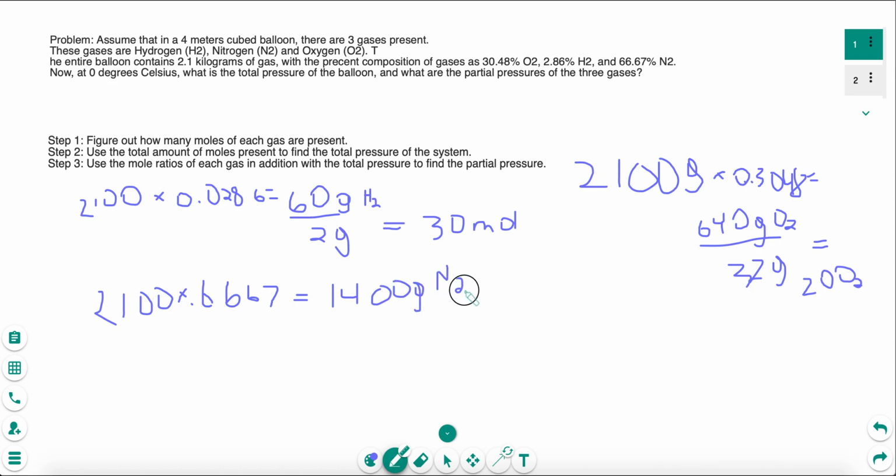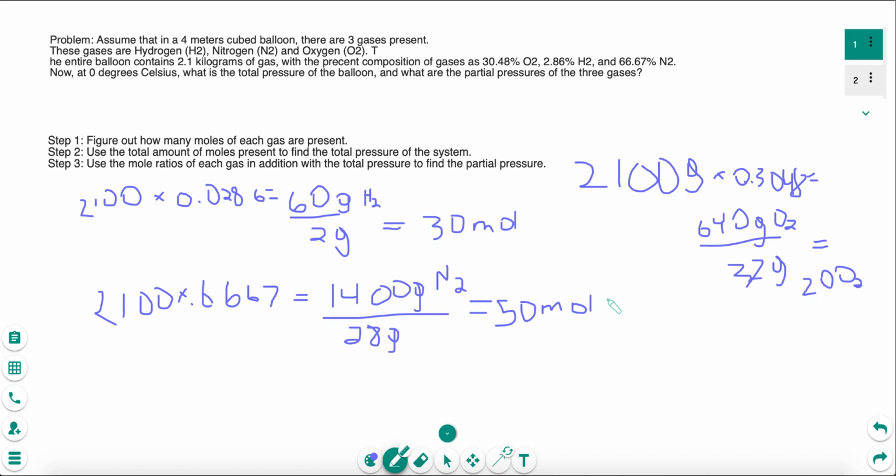Now, since one nitrogen atom has a molecular weight of 14 grams, two nitrogen atoms would have a weight of 28 grams. So if we divide 1400 grams by 28, we get 50 moles of nitrogen that is present. So now we've completed step one. We figured out how many moles of each gas are present.